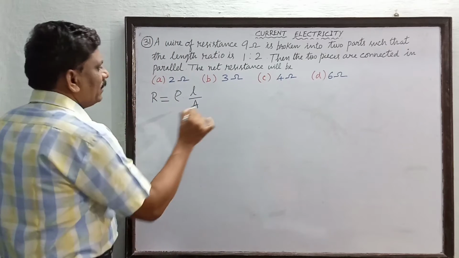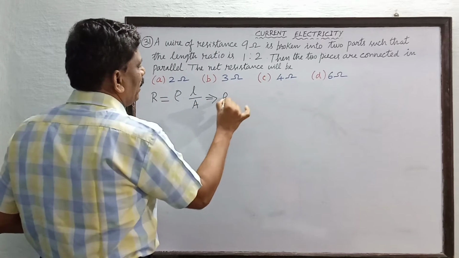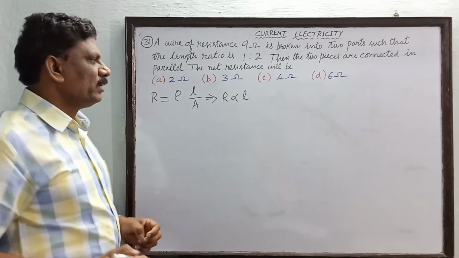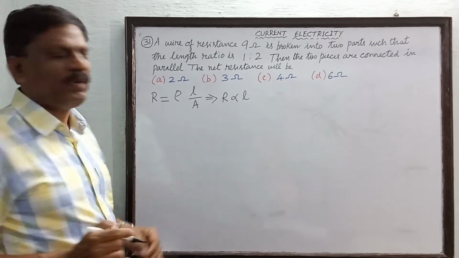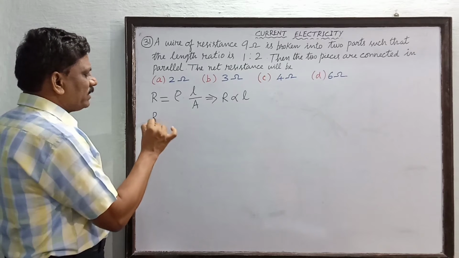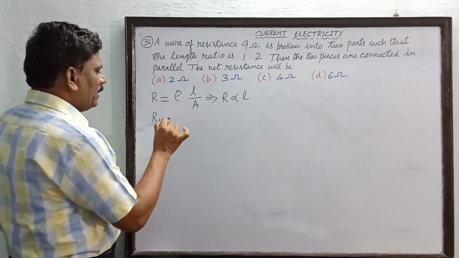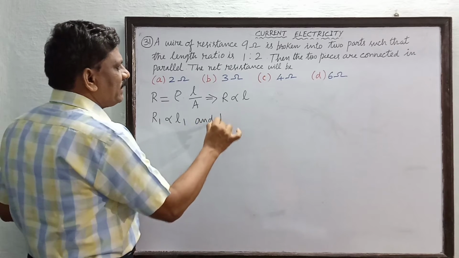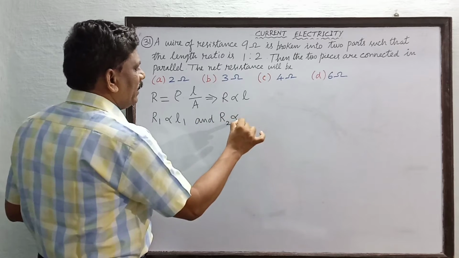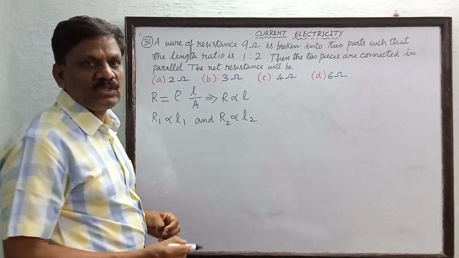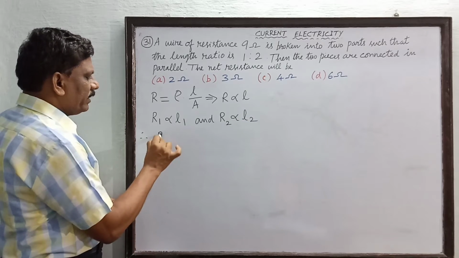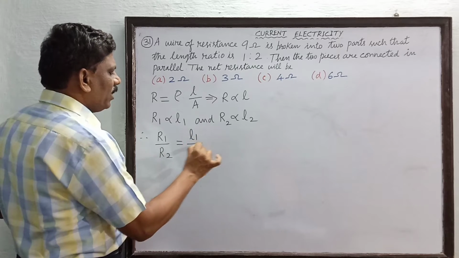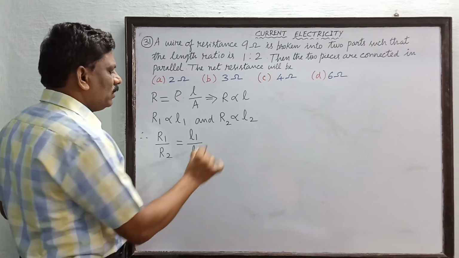So I can write R is proportional to L. Now when the wire is broken into two parts, I will take the first portion's resistance as R1 and its length is L1, and the second portion's resistance is R2 and that is proportional to L2. Therefore, the ratio R1 by R2 is equal to L1 divided by L2.